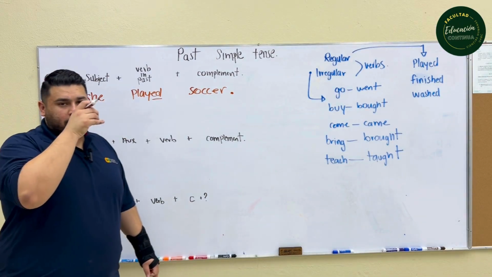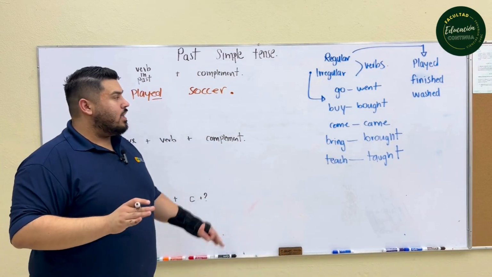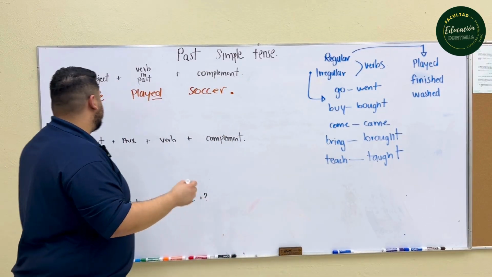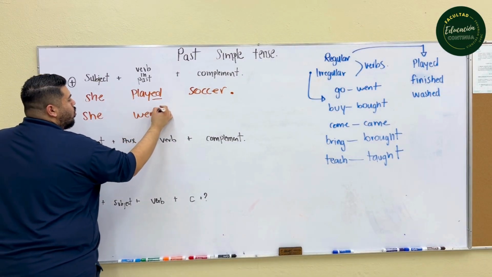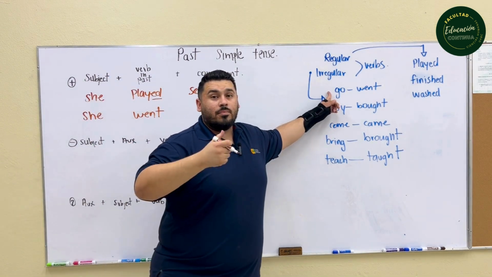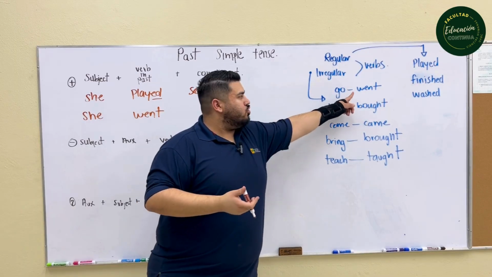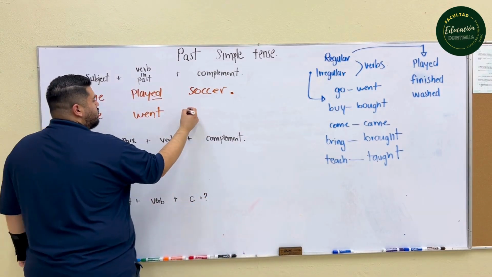Now, we're going to use another sentence in affirmative way, but with an irregular verb, just to see the difference, okay? She went. Remember, this one is the same as go, but the sentence is in past tense. That's why we changed the verb to past, okay? She went to the mall.